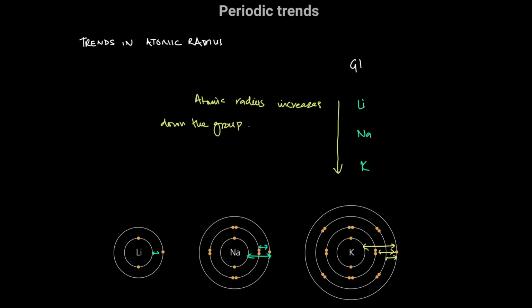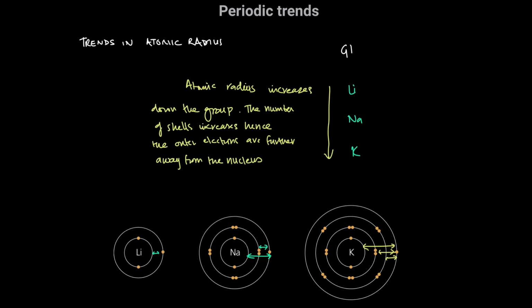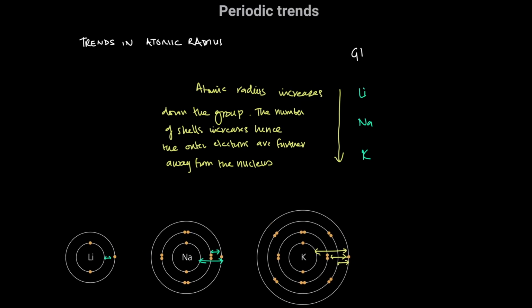The reason why is because the number of shells increases, hence the outer electrons are further away from the nucleus and experience greater shielding or repulsion due to inner electrons.